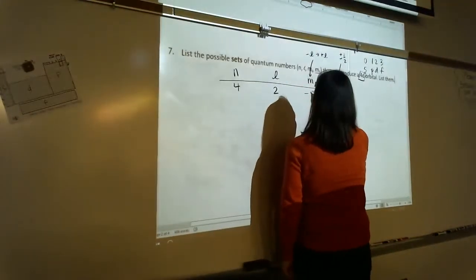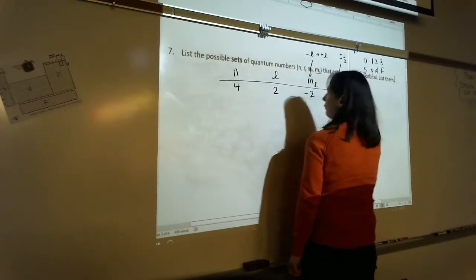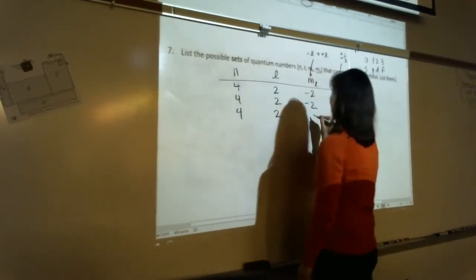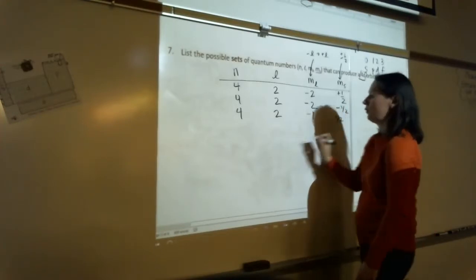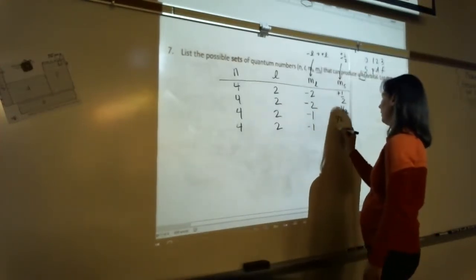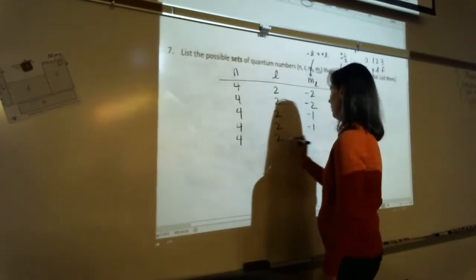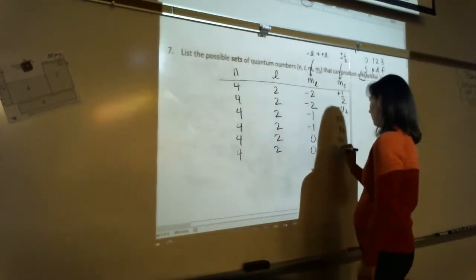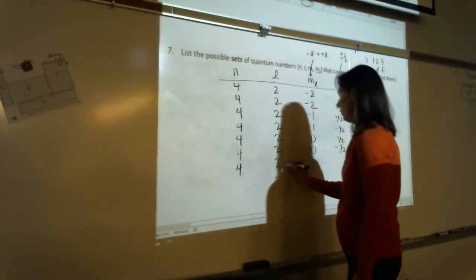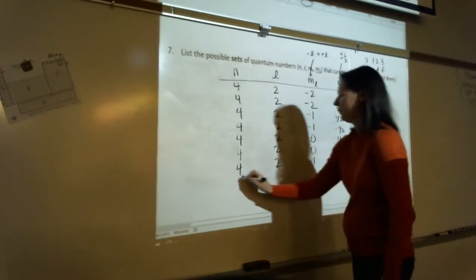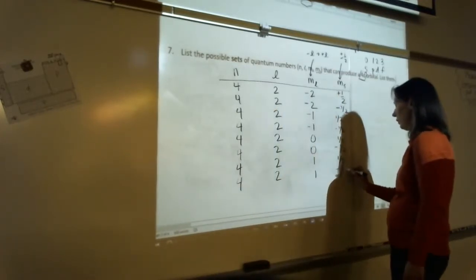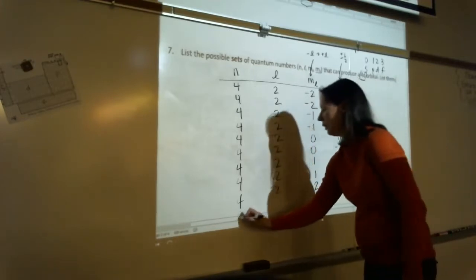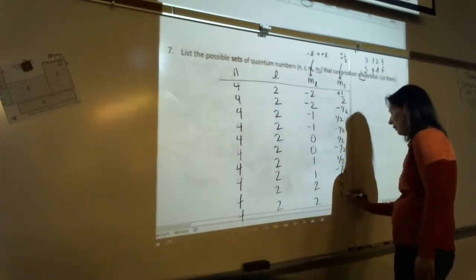I'm going to go negative to positive, so -2, and then positive 1/2. 4, 2, -2, -1/2. 4, 2, -1, 1/2. 4, 2, -1, -1/2. 4, 2, 0, 1/2. 4, 2, 0, -1/2. 4, 2, 1, 1/2. 4, 2, 1, -1/2. Last set, 4, 2, 2, 1/2. 4, 2, 2, -1/2.